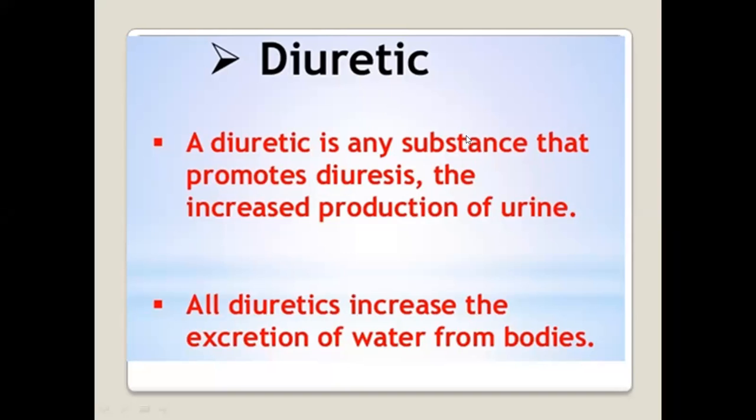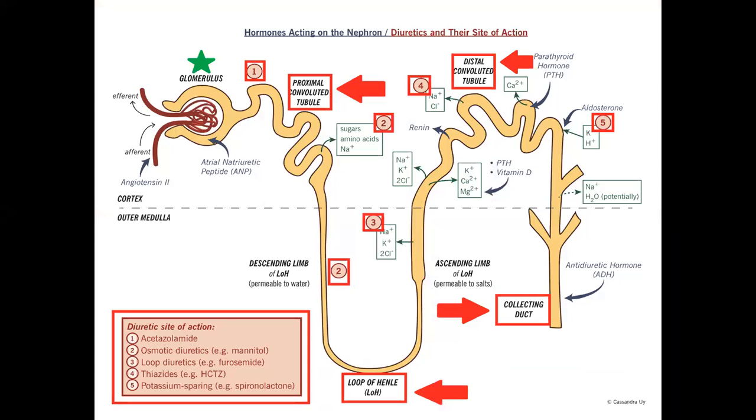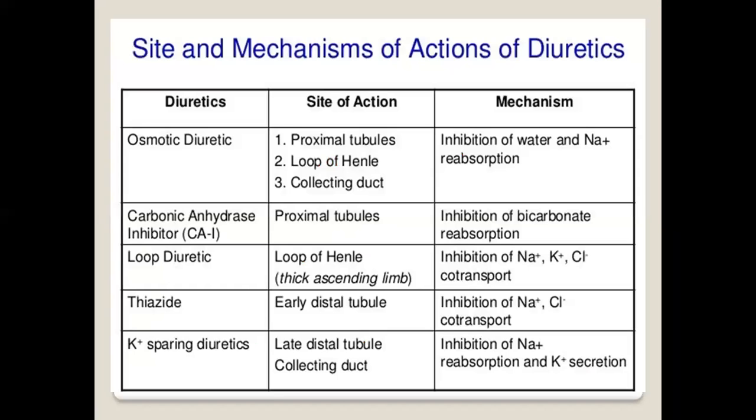It is mainly classified into 8 classes, in which we discussed the first 4 classes, their mechanism of action, how they act on the particular site in the urinary system or in renal function, and how they act as diuretics. We discussed this chart, with the particular diuretic, its site of action and mechanism of action.